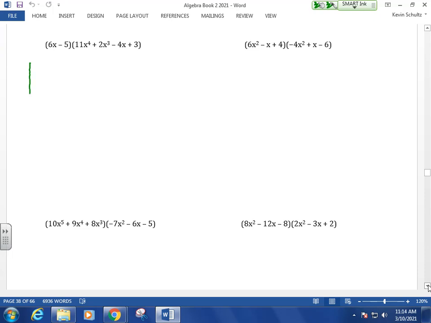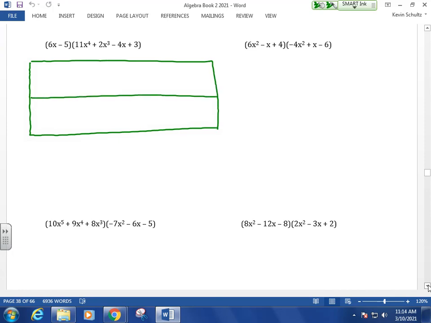Again, no point in trying to squish things together. Give yourself some space to write here. My polynomial is going across the top, 11x to the fourth, 2x cubed, negative 4x, positive 3. My binomial down the side, 6x, negative 5.